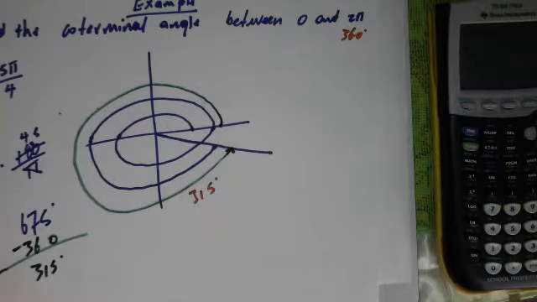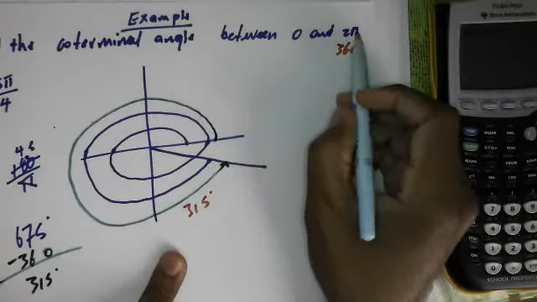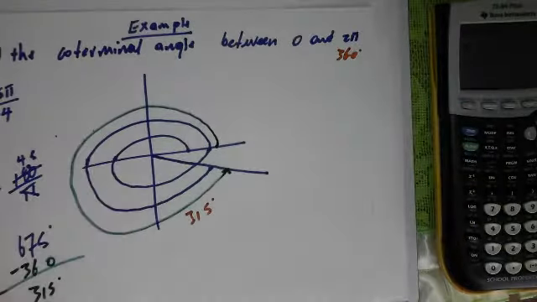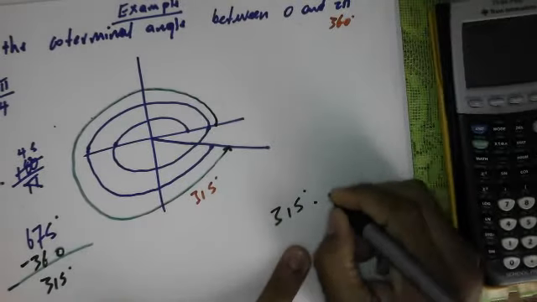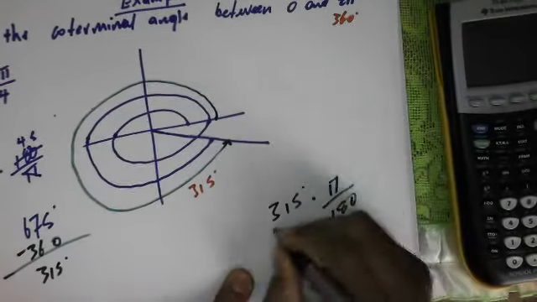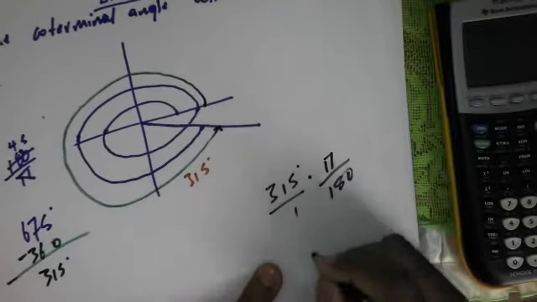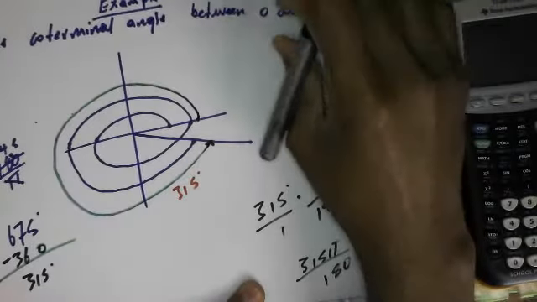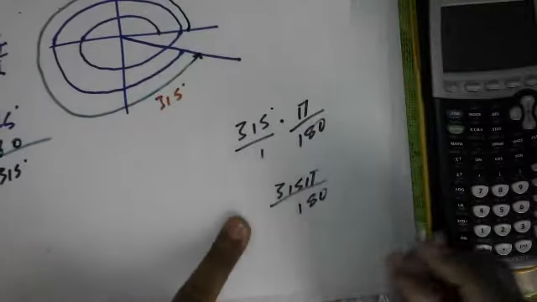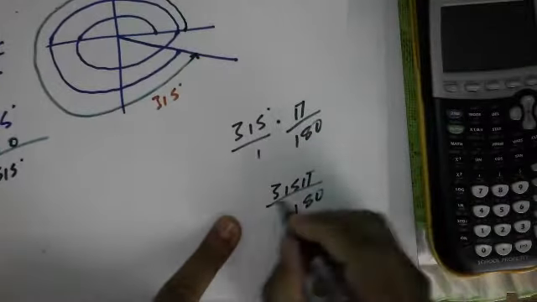So your coterminal angle would be 315 degrees. Okay, but remember that it was given in radians, so you need to convert this to radians. So let's convert that quickly. It is 315 degrees times pi by 180. And so this would give us 315 pi by 180, and you could reduce this by 5. So 315 divided by 5 would give us 63.